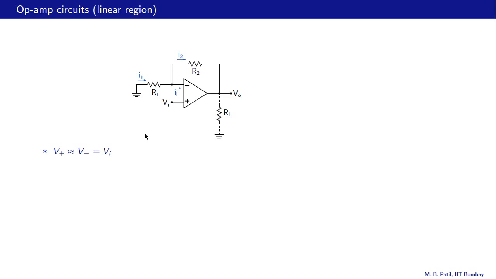Since the op amp is assumed to be in the linear region, V plus and V minus are nearly equal, and therefore V minus is nearly equal to Vi. And once we know this voltage, we can find this current, that is 0 minus V minus, which is the same as Vi, divided by R1. So minus Vi divided by R1, that is I1.